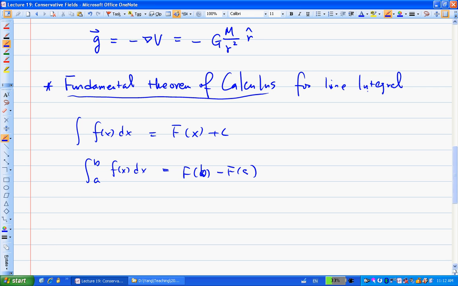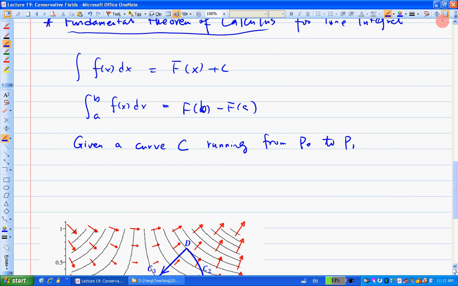So here's the beginning of the theorem. Given a curve C, let's say the curve C running from point P0 to point P1.